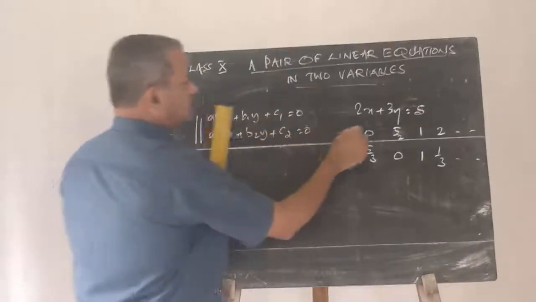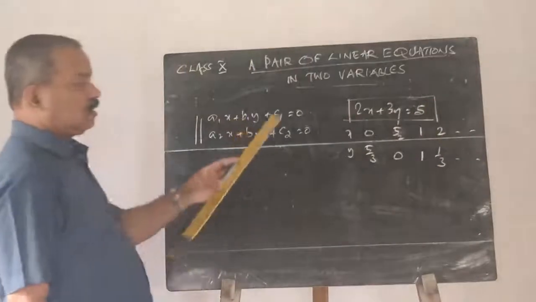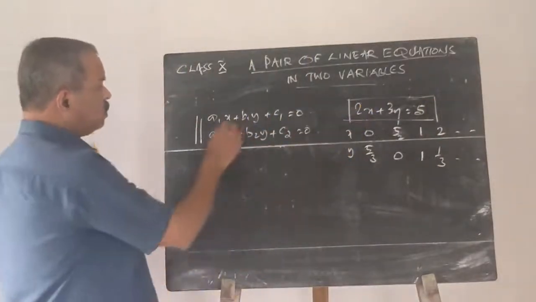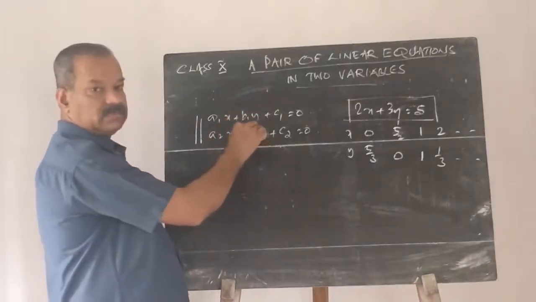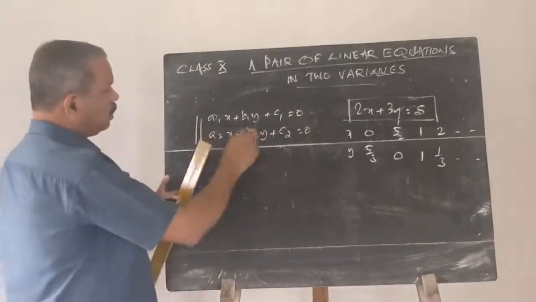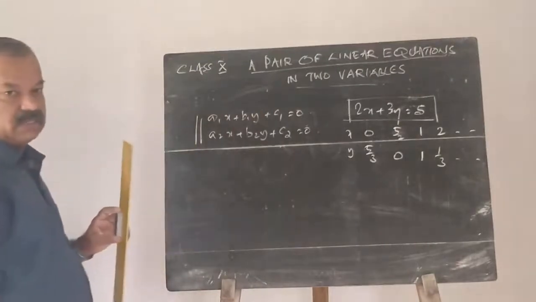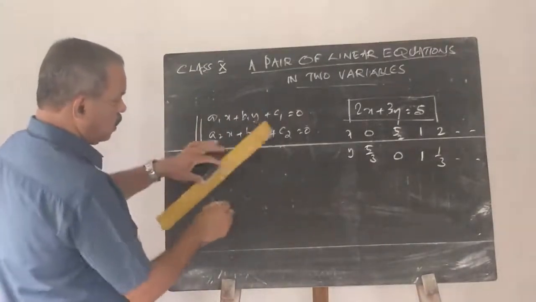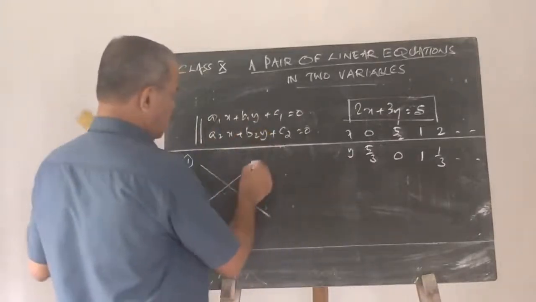We know that the graph of a linear equation in two variables is a straight line. So this represents a straight line. This second equation also represents a straight line. So for the graph of a pair of linear equations, there are three possibilities. One, the graph can be intersecting lines.